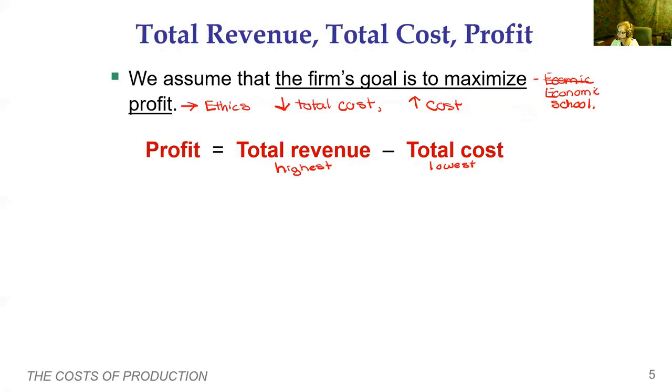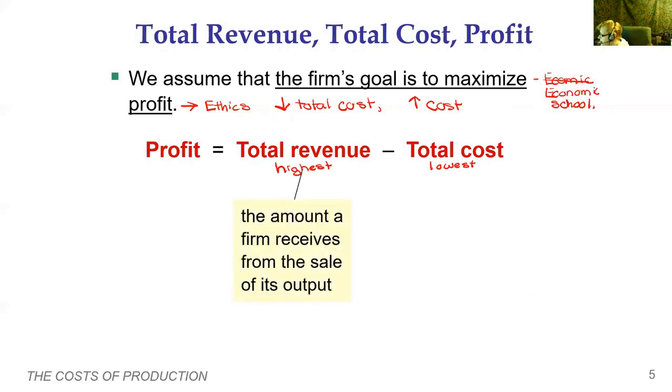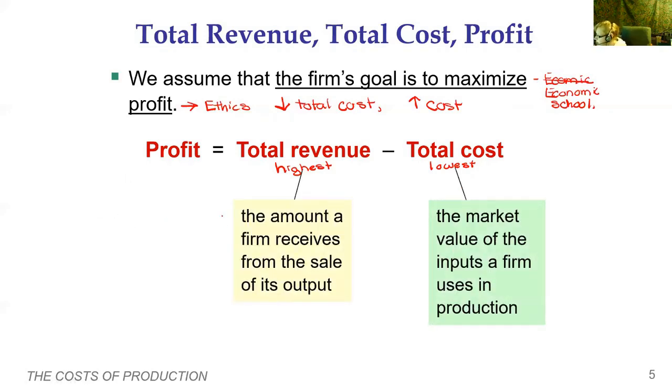Now, just to put this again into context of what you've been looking at, the total revenue is that area that is below the price. Okay, let's do it this way. So the total revenue is going to be below the price, but above the supply curve.